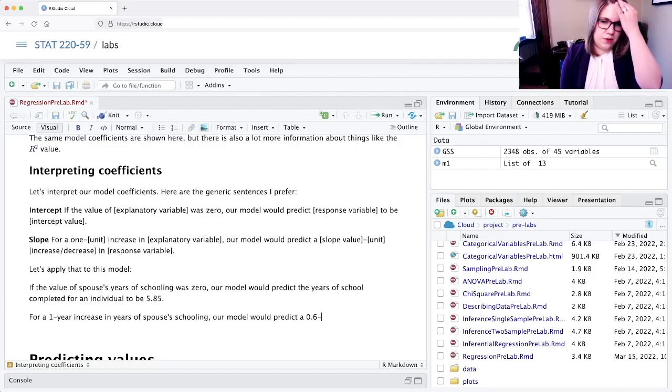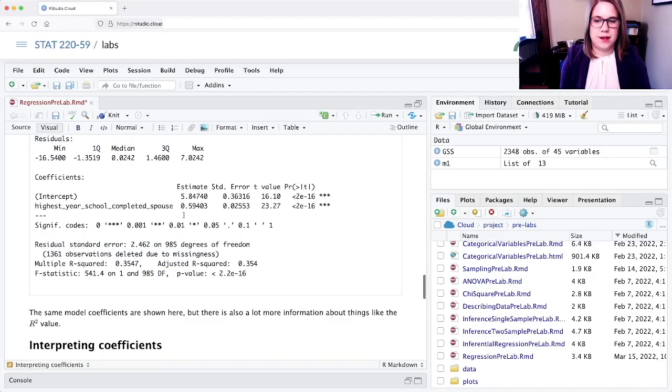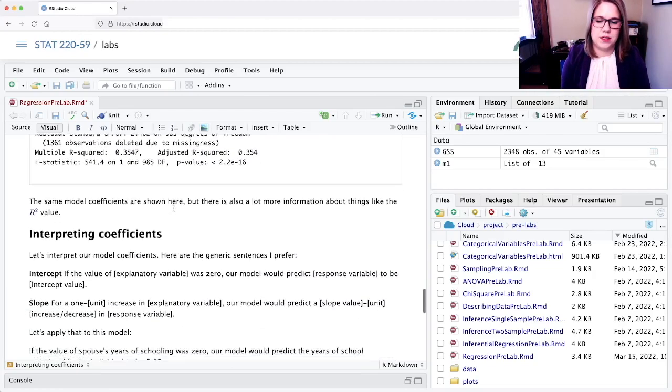and then we have to think about the units for the response variable. In this case, they're years as well. So a 0.6 year, then I have to pick if it's an increase or decrease. This was a positive slope, so it's going to be an increase. If I'd had a negative sign there, I would have said decrease.